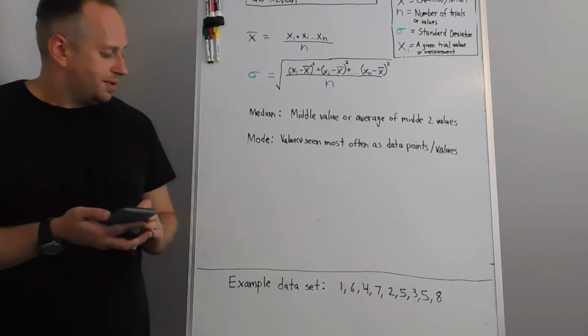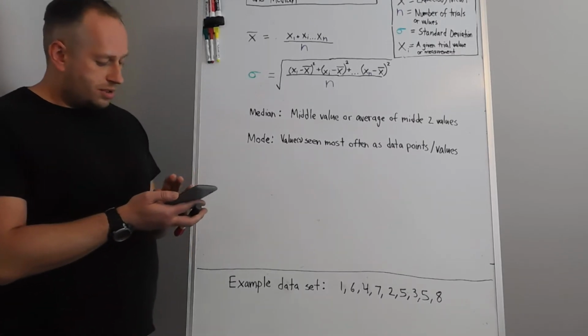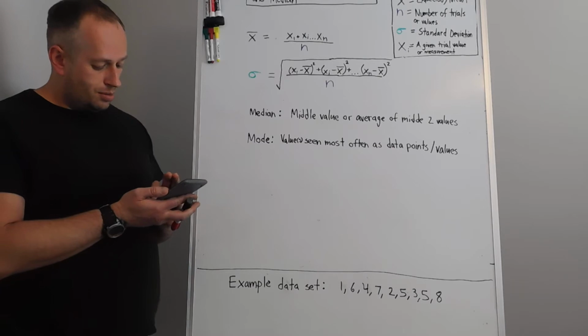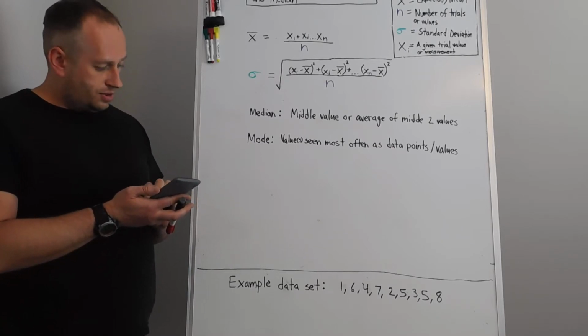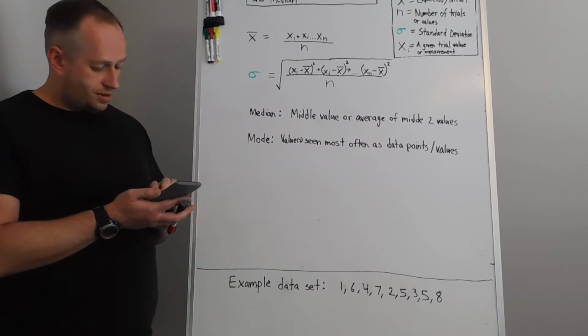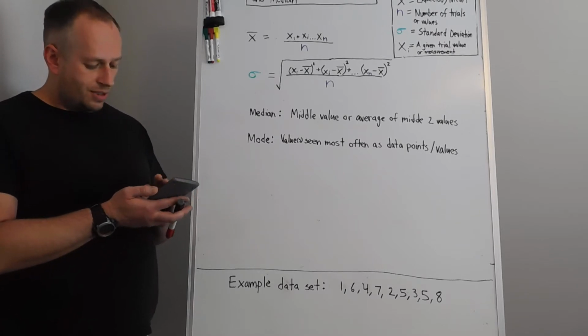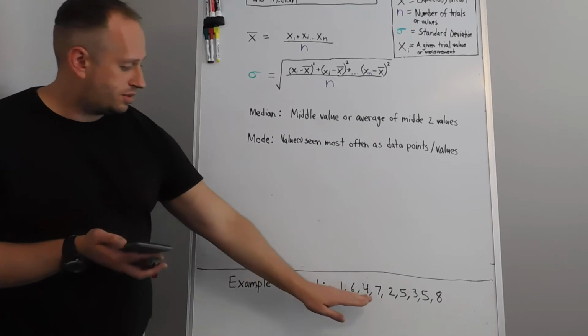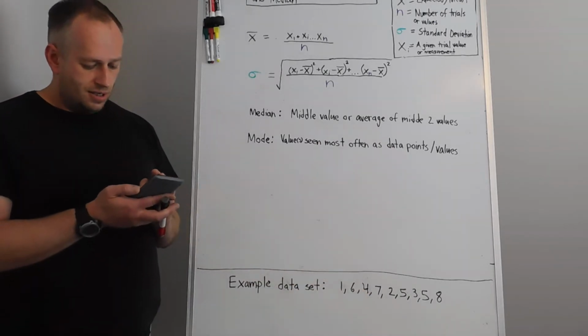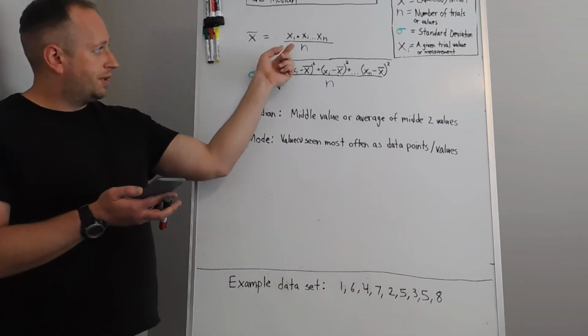So if we add up 1 plus 6 plus 4 plus 7 plus 2 plus 5 plus 3 plus 5 plus 8, we get 41, and then we divide by 9, which is N up here.